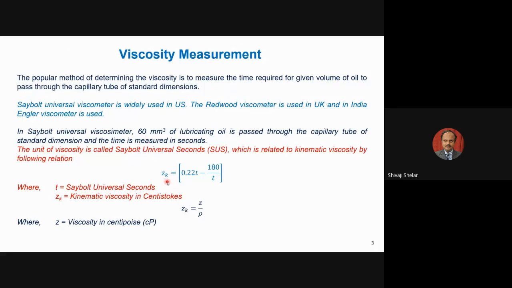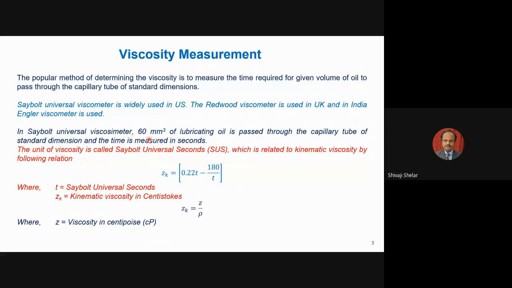Z_K, which stands for the kinematic viscosity, is equal to 0.22 T minus 180 upon T, where T is the time required in seconds, and this time unit is called the Saybolt universal second. This T is in Saybolt universal seconds because you are using the Saybolt universal viscometer.